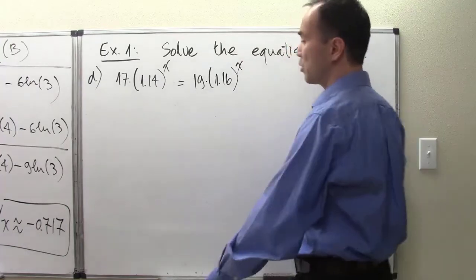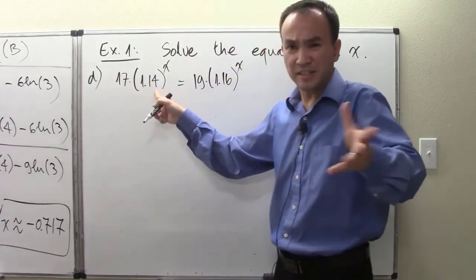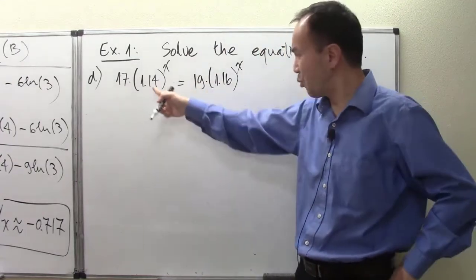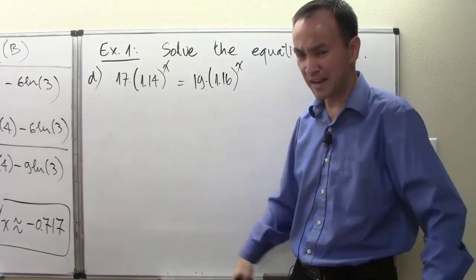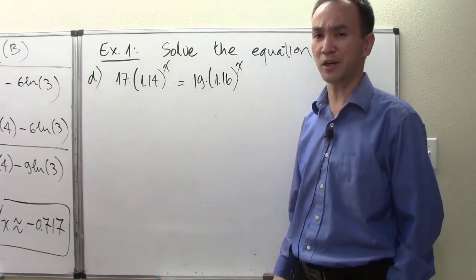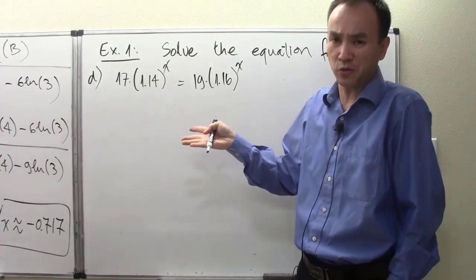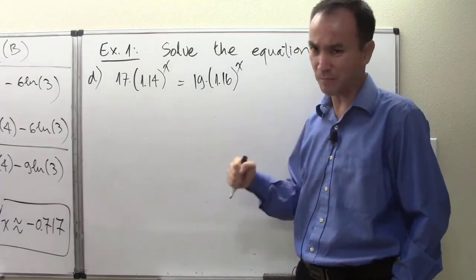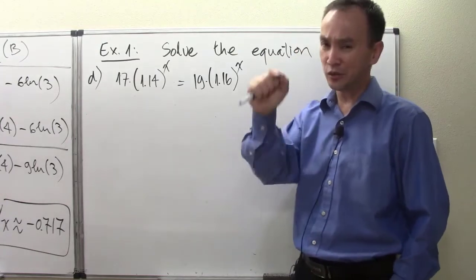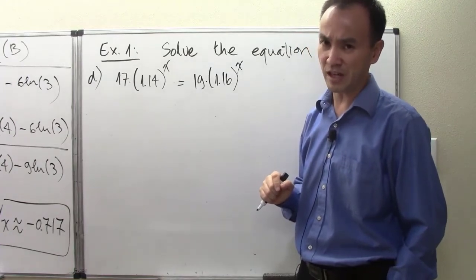Now right from this equation, I am going to take the logarithm, and see the bases here are nasty. It's 1.14, it's 1.16. It's not even a whole value base. So it does not really matter anymore what bases we use. I'll just get straight into natural log, the one that I'm comfortable with. You're more than welcome to explore your own logarithm that you're comfortable with.